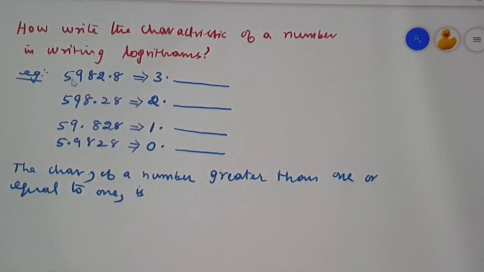is, see, if you are having 4 digits, you will get 3. If you are having 3, you will get 2. If you are having 2 digits, then you will get 1. If you are having n number of digits, then the characteristic will be n minus 1.